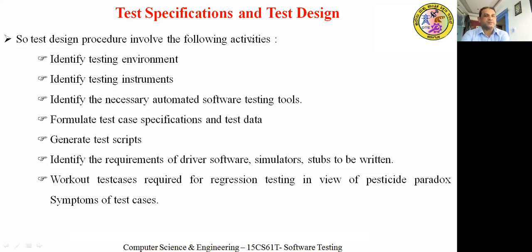The test design procedure involves the following activities: identify the testing environment, identify testing instruments, identify the necessary automated software testing tools, formulate test case specifications and test data, generate test scripts, identify the requirements of driver software, simulators, and stubs to be written, and work out test cases required for regression testing in view of the pesticide paradox.